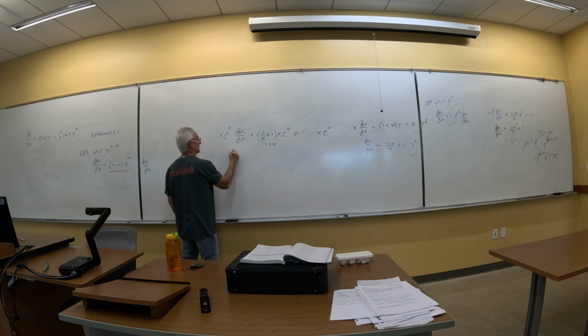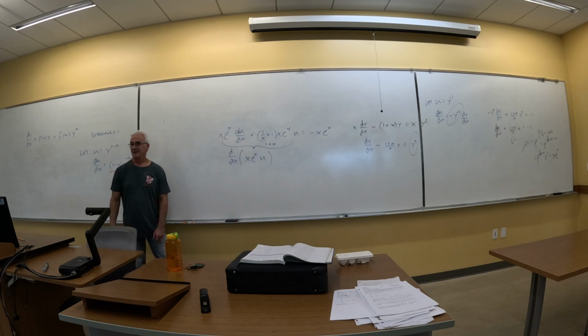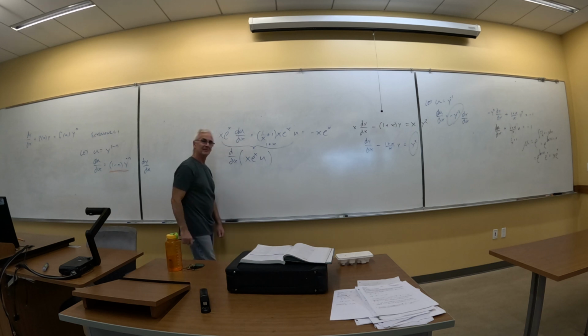Now, if I did this right, the whole left side, lest we forget, is d dx of mu times u. So it should be d dx of x e to the x u. Now let's check. First times derivative of second, second times derivative of first.